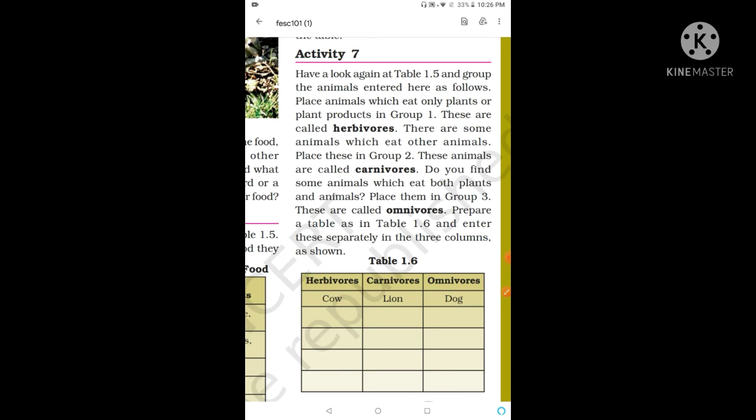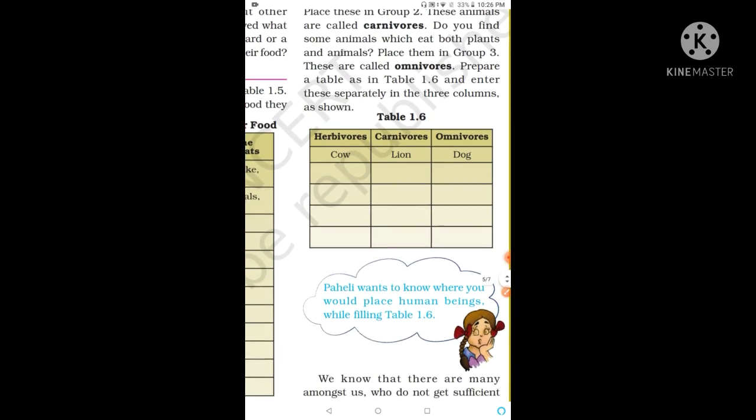Now prepare a table as in table 1.6 and enter these separately in the 3 columns as shown.